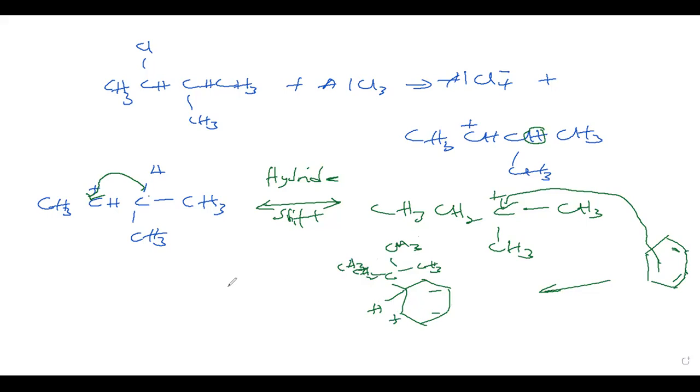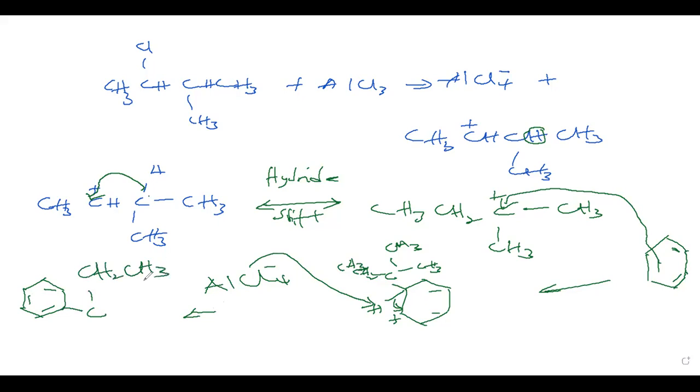Then the base in this medium was AlCl4 minus, right? It will come and take this hydrogen, and the bond will break onto this. So I would have my final product, something like this.